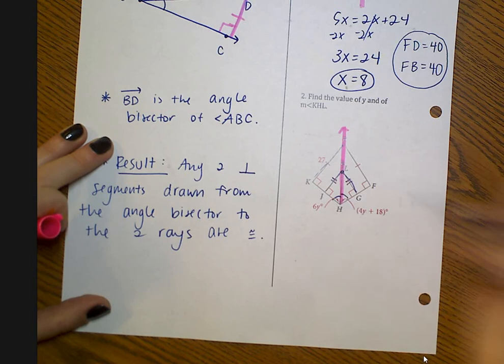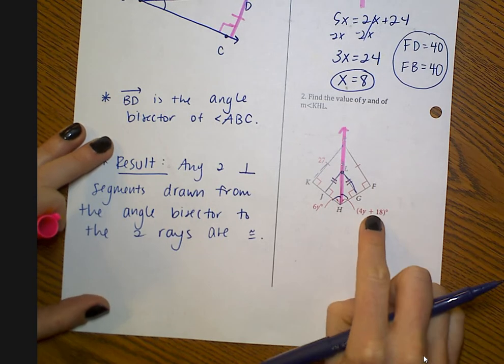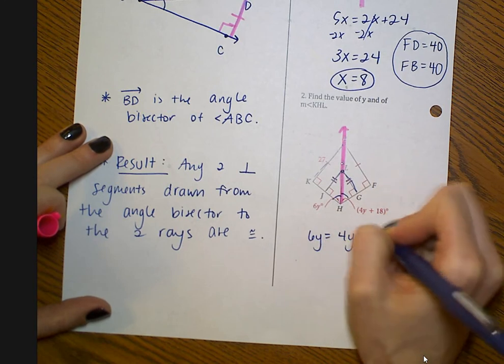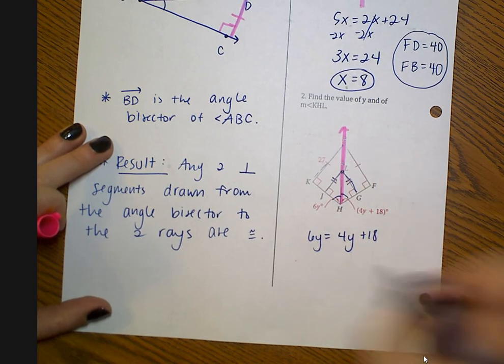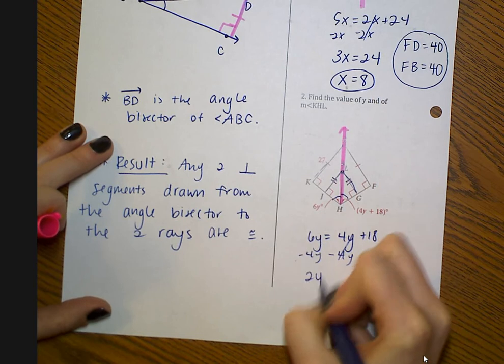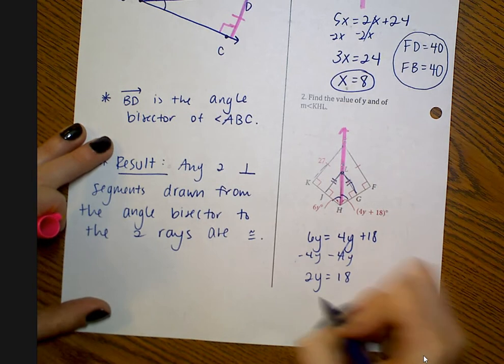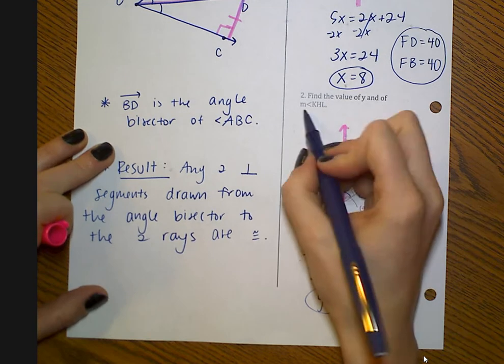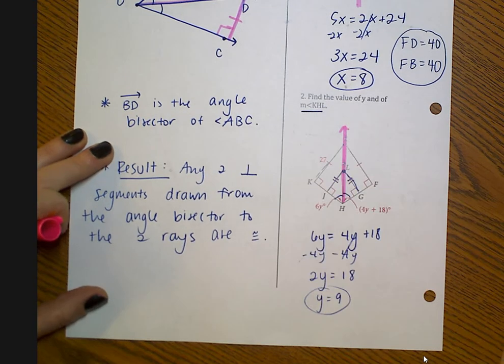So again, I'm just going to set these two pieces equal, 6y and 4y plus 18. All right, then I'm just going to solve for y. And if I divide by 2, I get 9. The problem, they also wanted me to find the measure of angle KHL.